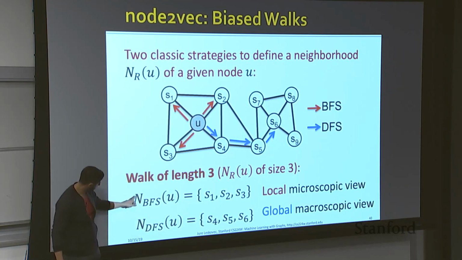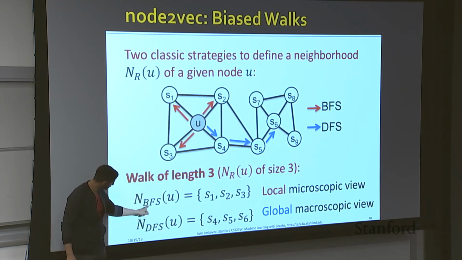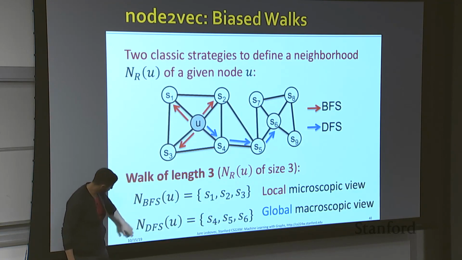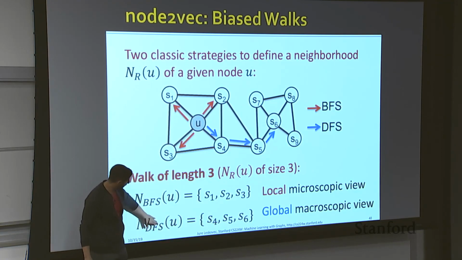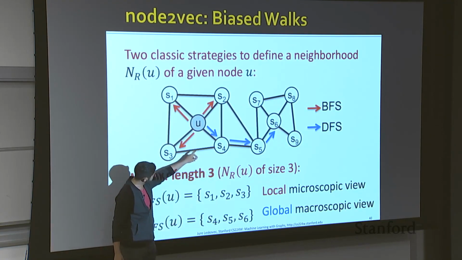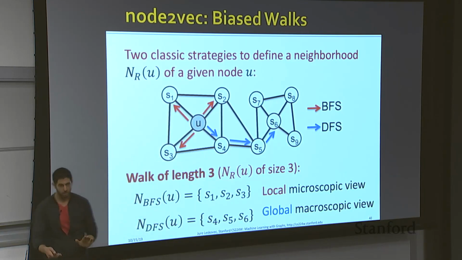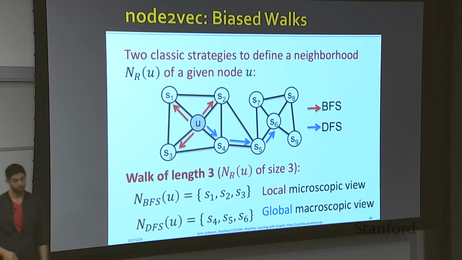Remember when we were calling this neighborhood of R? Now the strategy here is the way in which we traverse the graph. So our strategy to get this neighborhood N is the DFS, and in this case, we're going to be traversing through S4, S5, and S6. This gives us a global, macroscopic view over the graph.